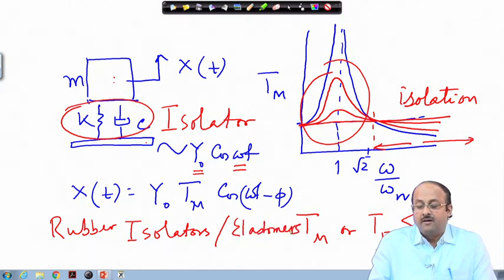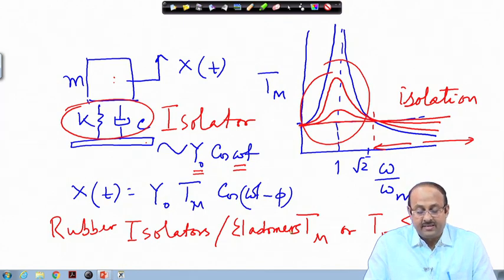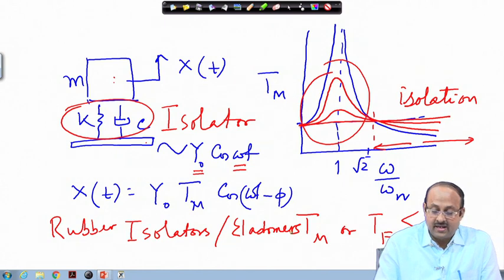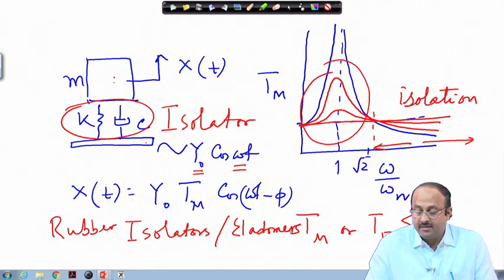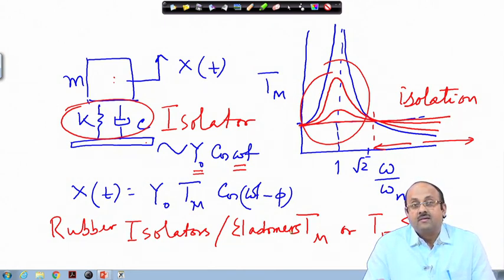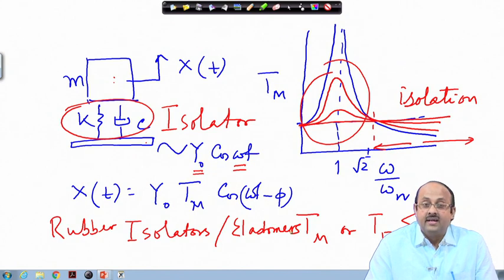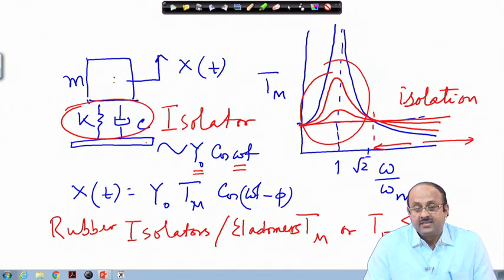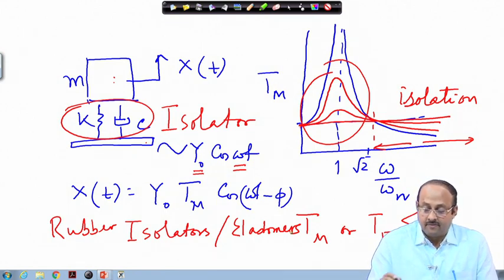Elastomers are useful because they have inherent damping. The material has a certain amount of damping, for which these rubber isolators or elastomers are quite useful. But again, I will come to this point later on. This damping is to be selected judiciously, because remember, this is electronic equipment. So, this has certain other implications in other parts of the design, which we will see soon.